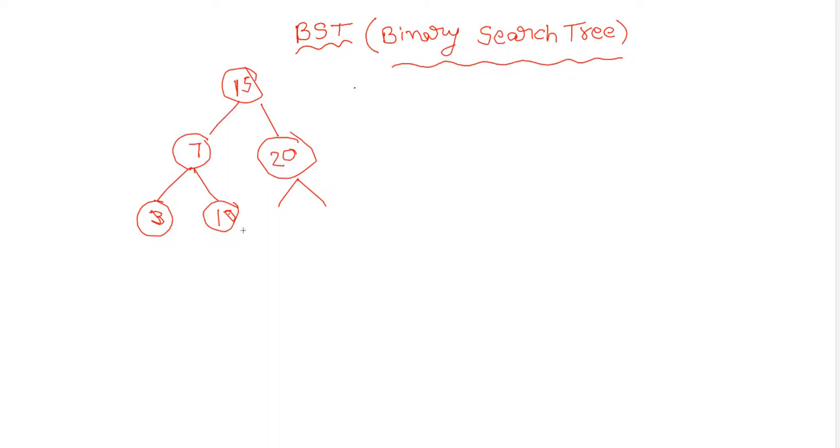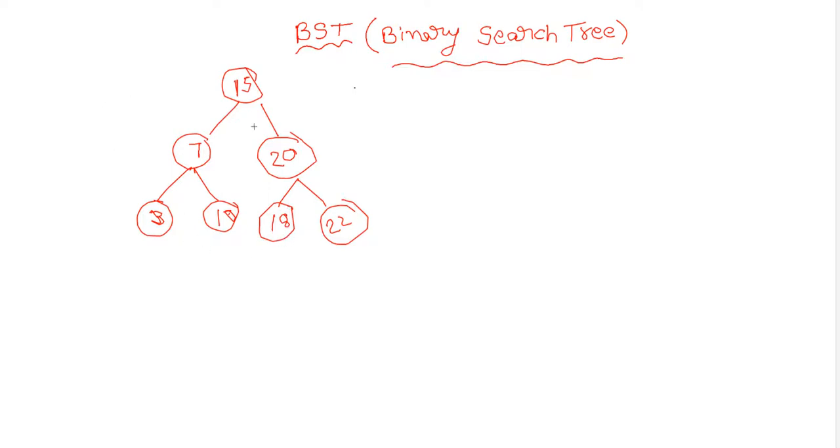All the left-hand side elements must be less than 15. So 3, 7 and 10 are less than 15, and all the right-hand elements must be greater than 15. So 18 is correct, 22 is correct.